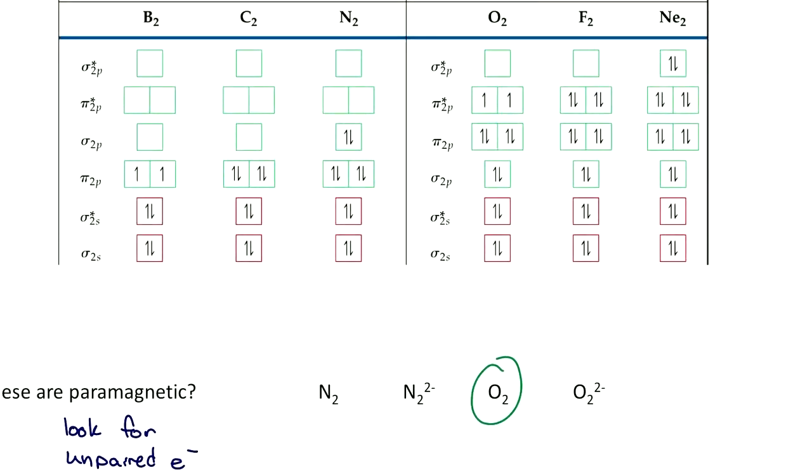In the pi star. Perfect. Like that. And again, remember to follow Hund's rule. But then when we add 2 electrons to oxygen, what happens? It becomes diamagnetic. So the 2 answers are the anion of nitrogen, but oxygen's neutral one. And so you just have to draw it. Add and remove electrons as necessary, whether you're working with a cation or an anion.